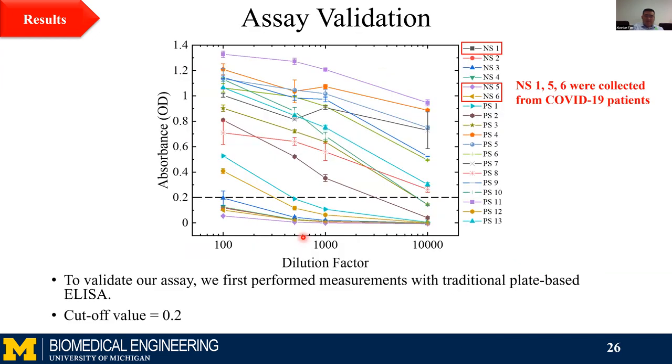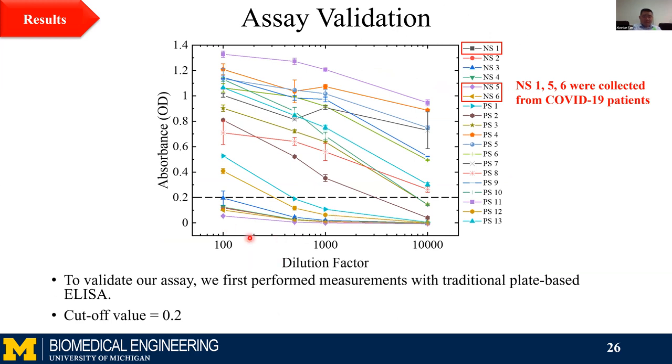For assay validation purposes, we performed a side-by-side test with traditional plate-based ELISA. Here is the plate-based ELISA result. All the measurements were performed with a plate-based ELISA. The assay time was around 3 hours in total.